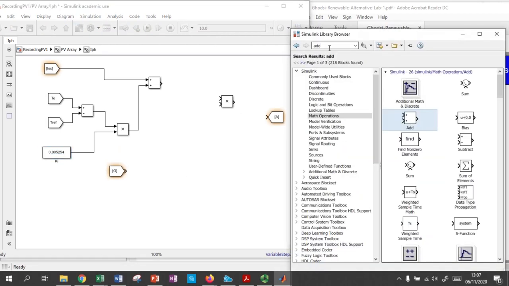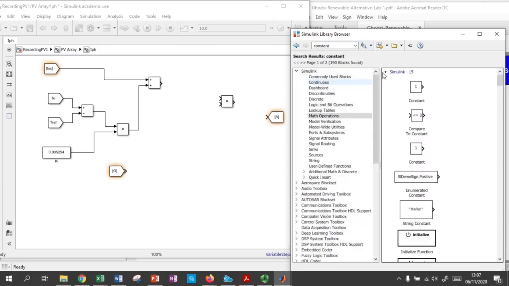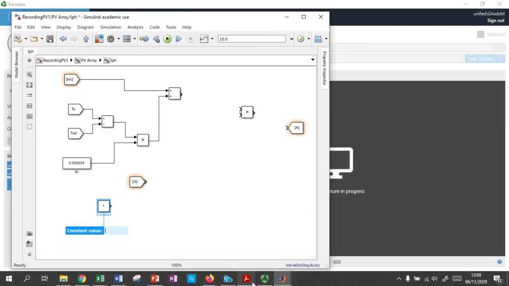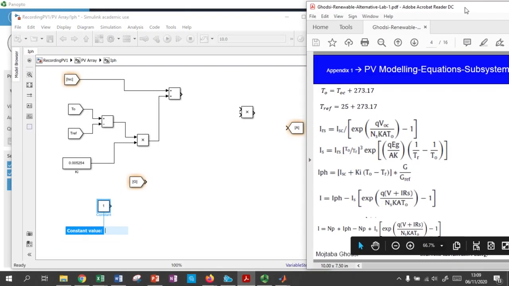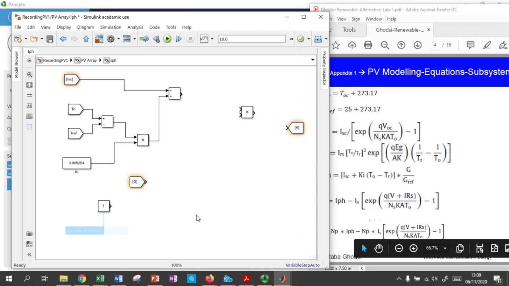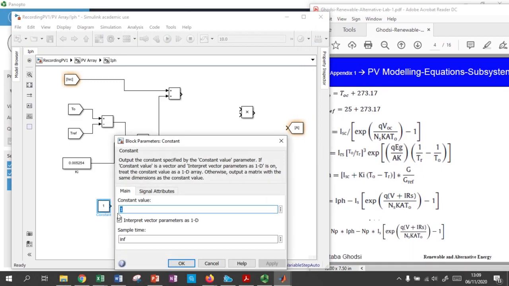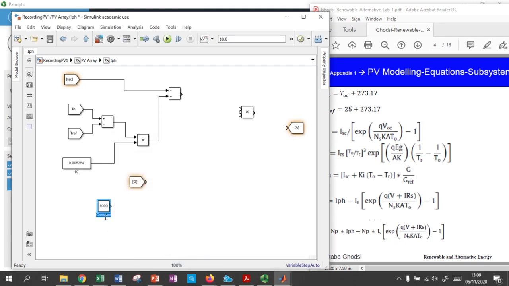Then I will go to find it in the constant. Okay, the next one is the G reference. G reference is 1000. Its name is G ref.